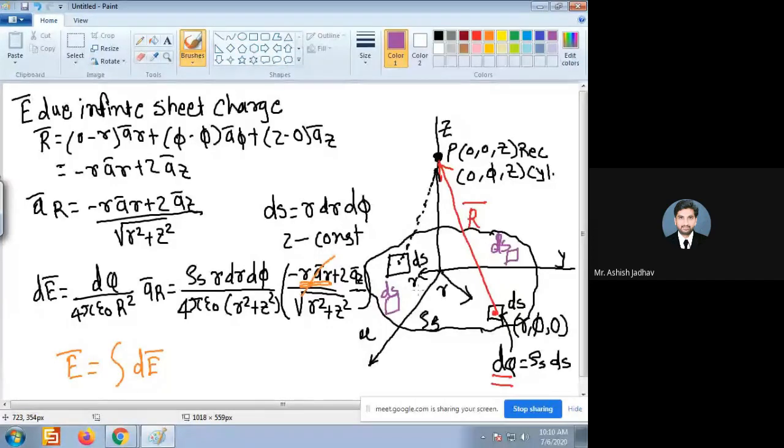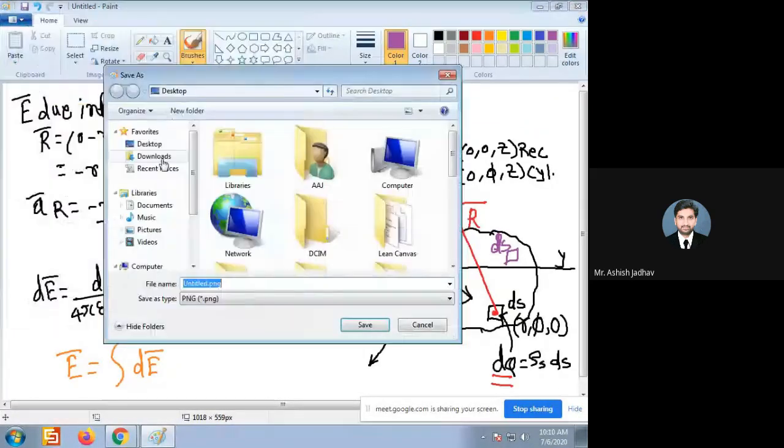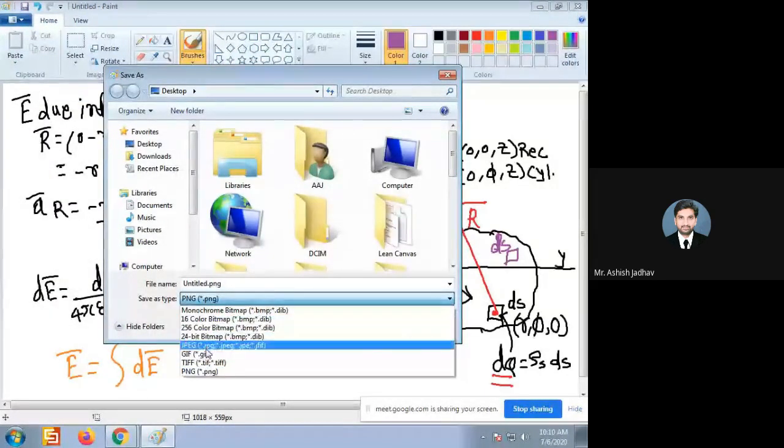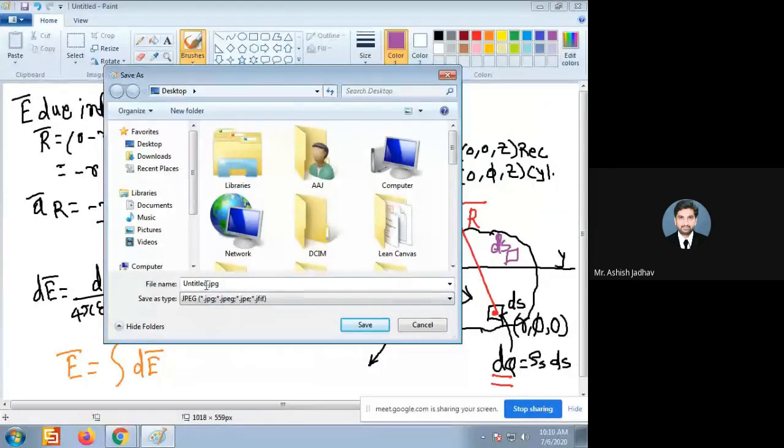Understood why I'm cancelling this radial component? Only vertical components will get added while doing integration, right? So let us proceed to integrate this by cancelling the radial component. Any doubt why I have cancelled this radial component? Understood why I have done this?